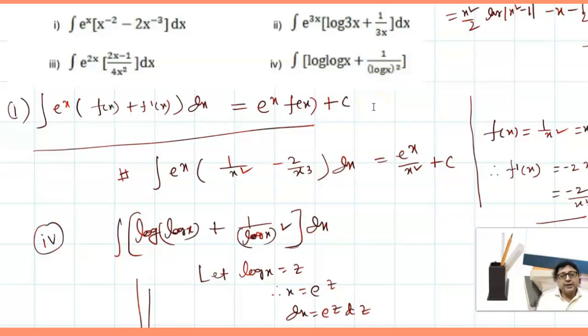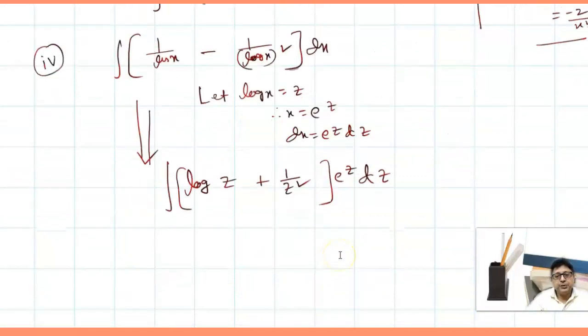If you take 1 by log x minus 1 by log x whole square form, then it can work. So this is being changed to 1 by z minus 1 by z square.